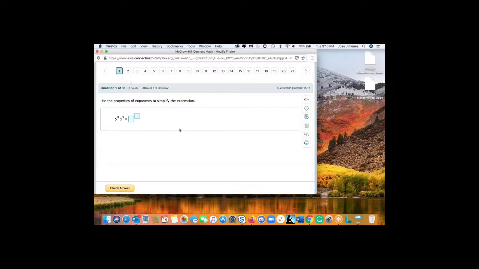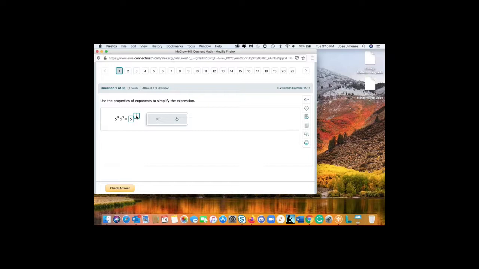All right, number 1, you see the same base means same base, and then you add the exponent because it's a multiplication. If it's division, you subtract the exponent. That's the rule when you're doing exponents.